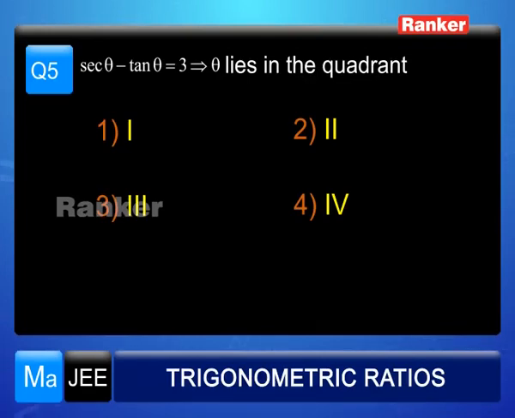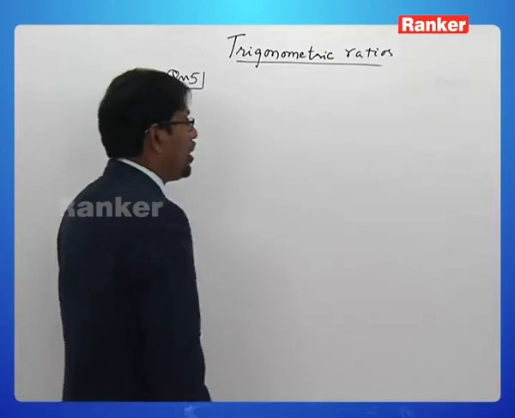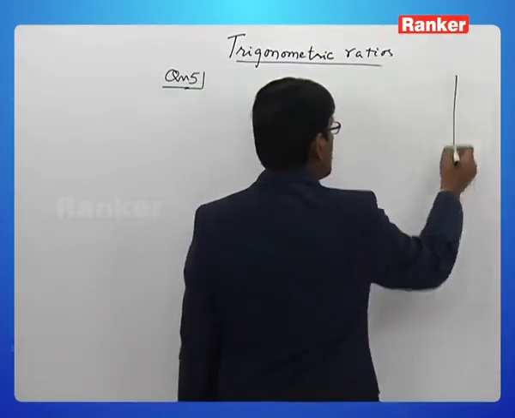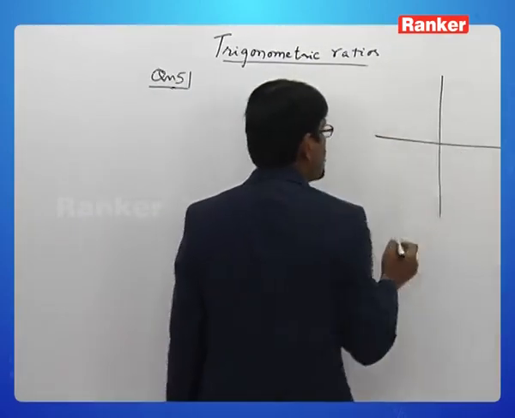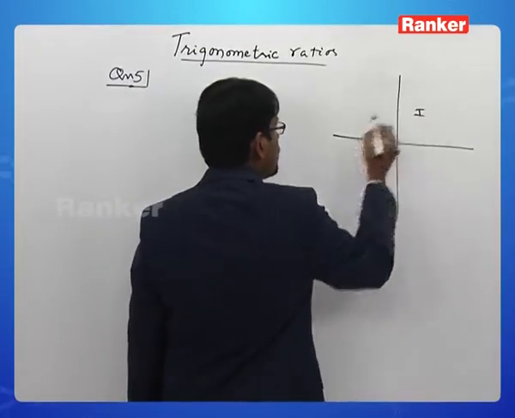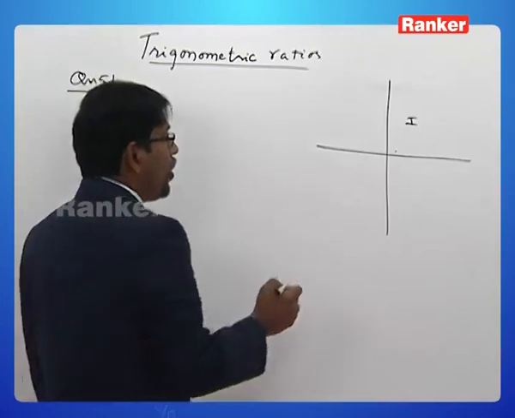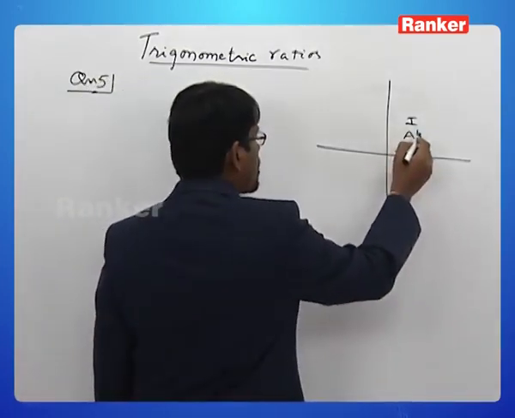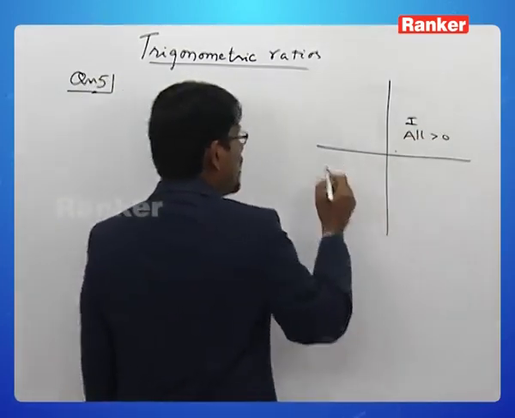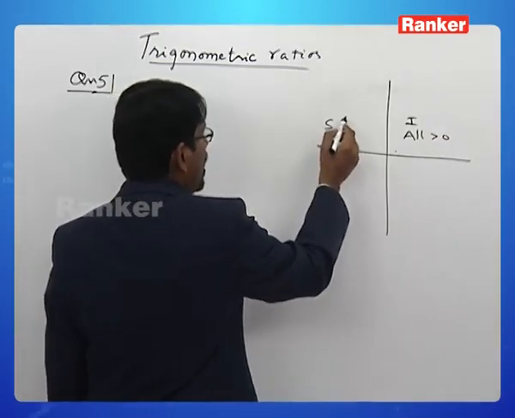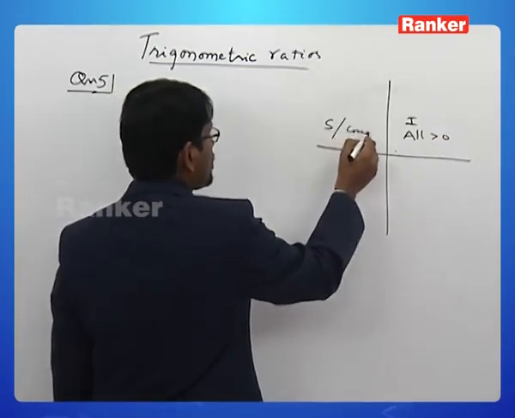Options are first quadrant, second quadrant, third quadrant, fourth quadrant. We know that in the quadrants, if theta lies in the first quadrant, all the trigonometric ratios are positive. Here sine and cosecant are positive.